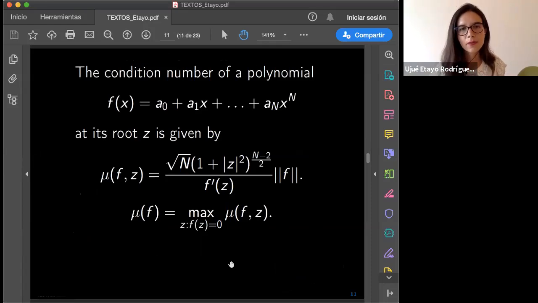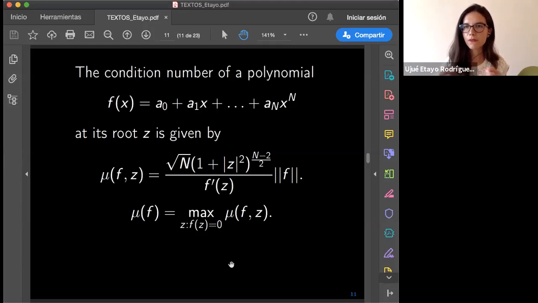The condition number of a polynomial is just a number that measures how much the roots of a polynomial move when I move a little bit the coefficients. It's a notion of numerical analysis and tells us about the stability of polynomials.